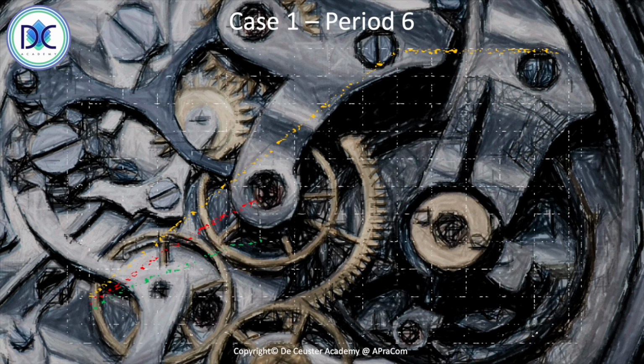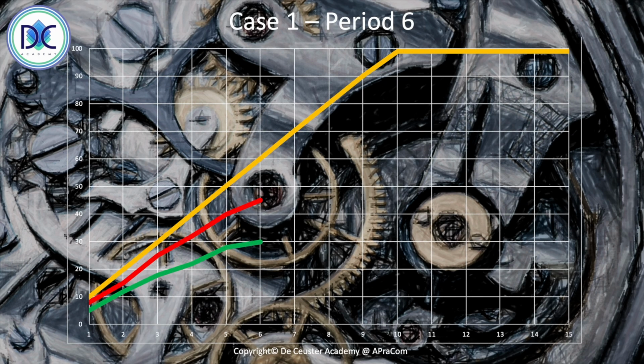So let's have a look at the first case, the situation in period 6. First of all, the orange curve is the planned value over time, and at completion in period 10, we have a budget at completion equal to 100.